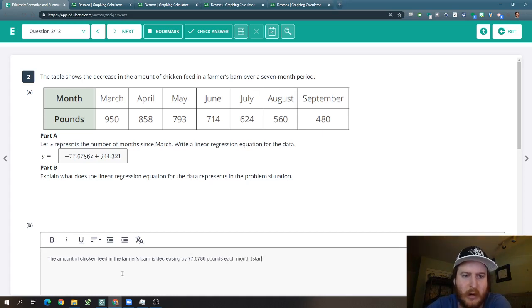You'd even add, starting at 944.321 pounds, if you wanted to. That in parentheses you don't really need, but we're basically explaining the slope in the context of the problem.